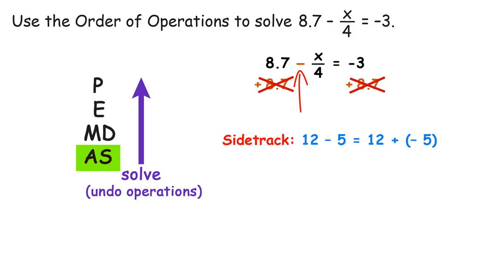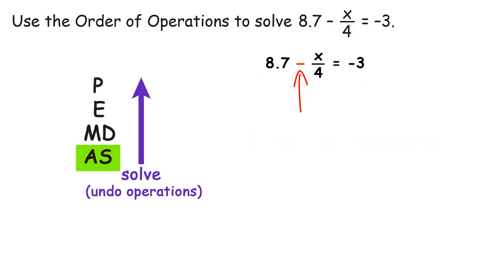Changing a negative sign to add the opposite is not appropriate. Okay, to practice safe math, we'll change 8.7 subtract x divided by 4 to 8.7 add -x divided by 4. While the parentheses are not necessary, we should use them to clearly separate the addition from the negative sign.